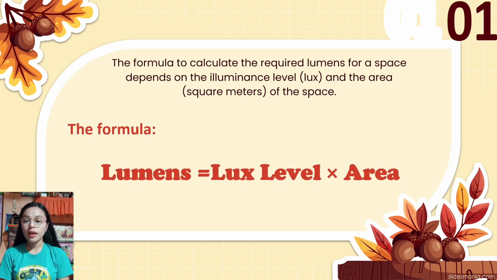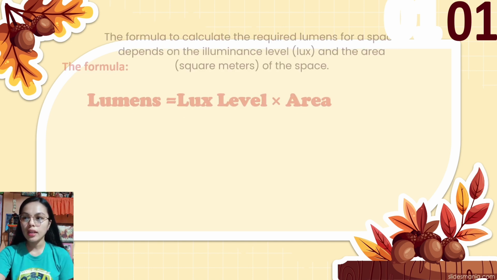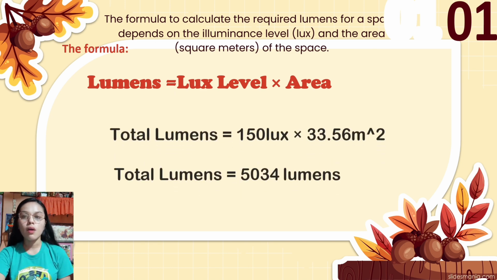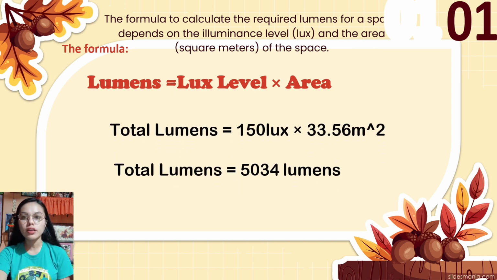So the formula here is lumens equals the illuminance level or lux level times area. So di naman ta maglisod ingani kay according to the example, 150 lux times 33.56 square meters equals 5,034 lumens.